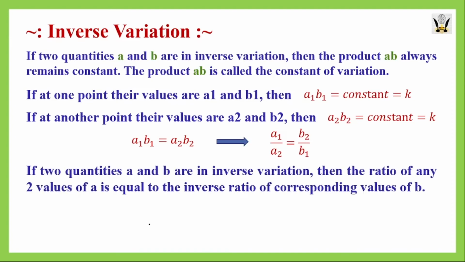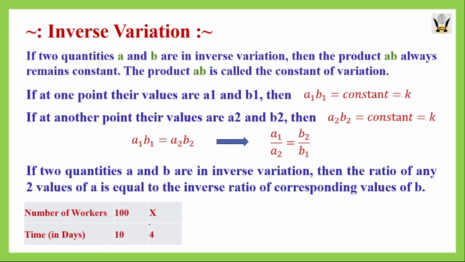So we can say that if two quantities A and B are in inverse variation, then the ratio of any two values of A, meaning of one quantity, is equal to the inverse ratio of corresponding values of B, meaning the other quantity. So that is the condition that we will always use to solve a numerical or exercise related to inverse variation.